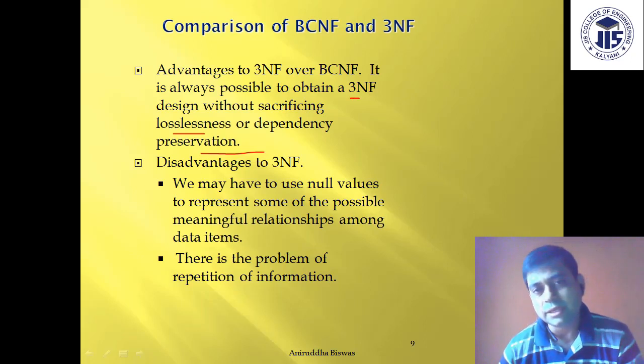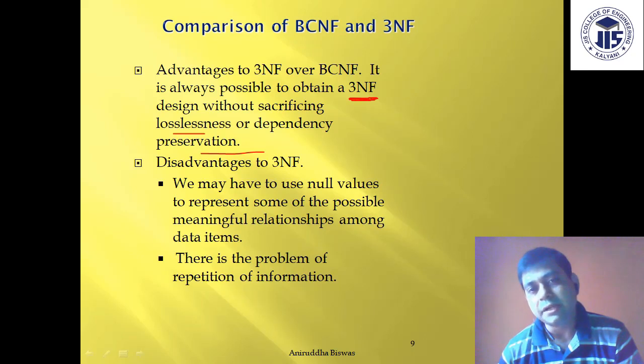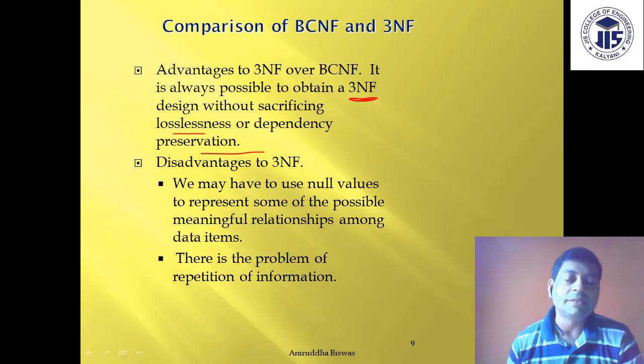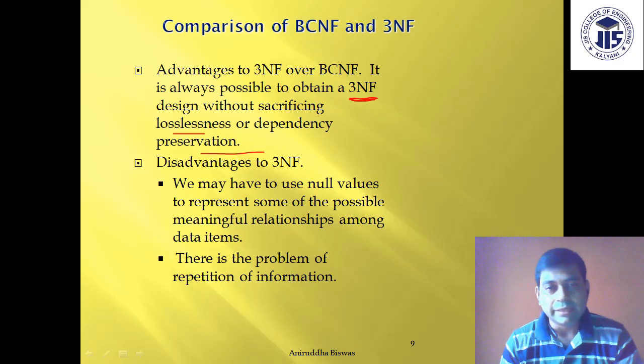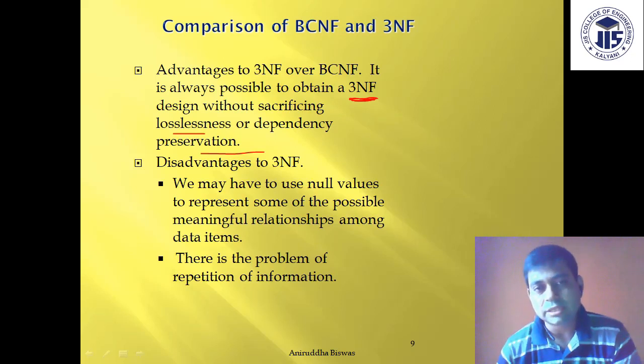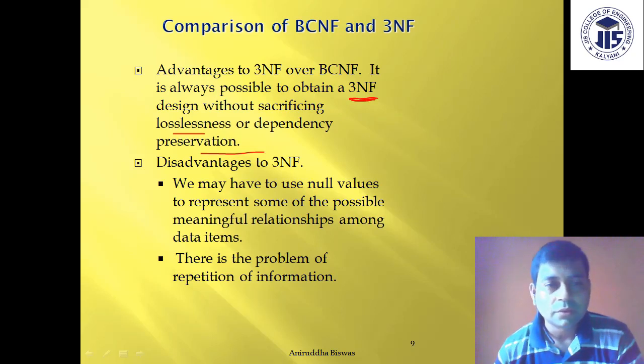So achieving 3NF is easy because there should be no transitive dependency, and all the determined must be present in the candidate key list, and also any determinant must be present in the super key list. So that is how 3NF is easy to understand and easy to achieve.